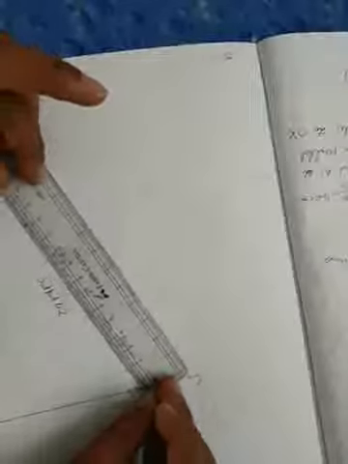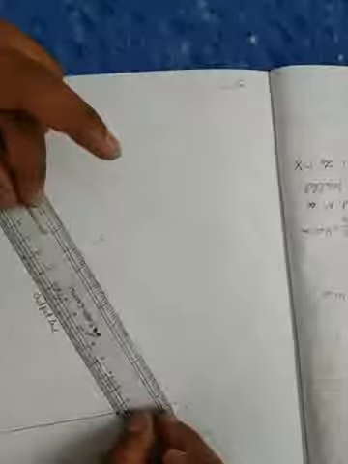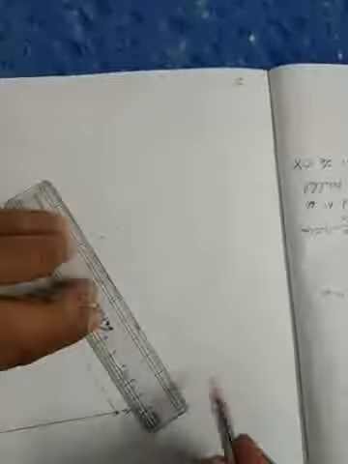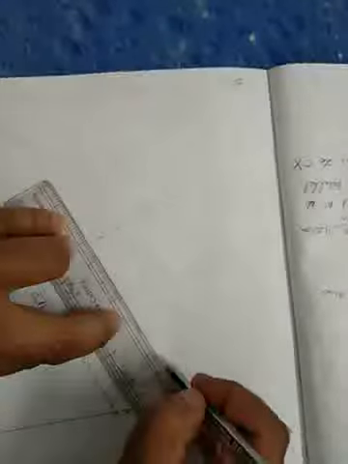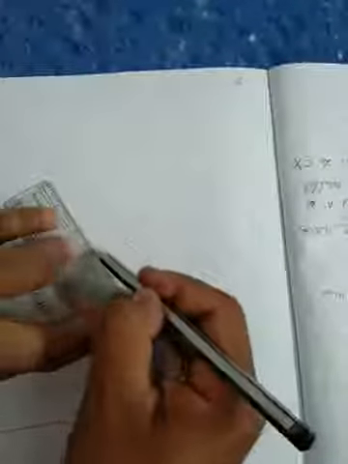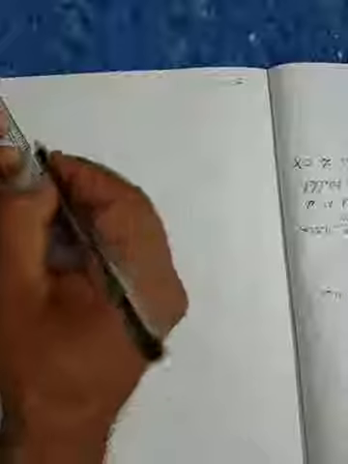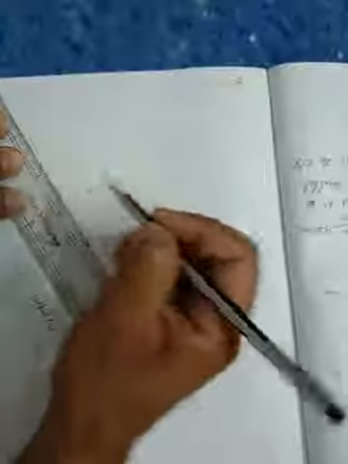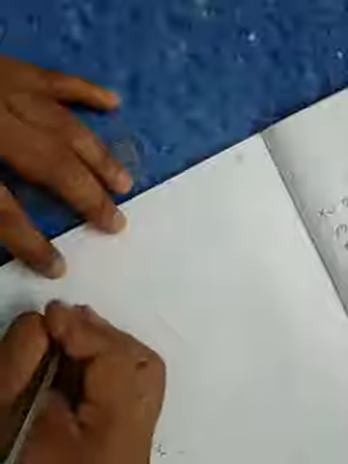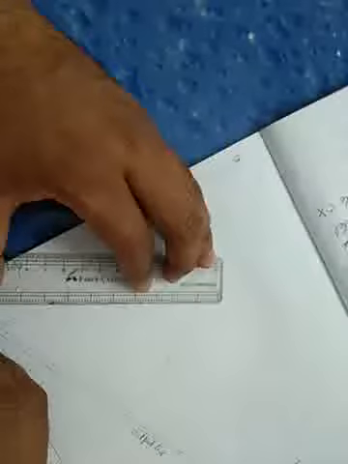Now we draw a line. It cuts somewhere here, so we connect O dash and this point.